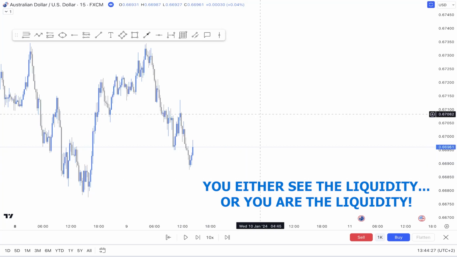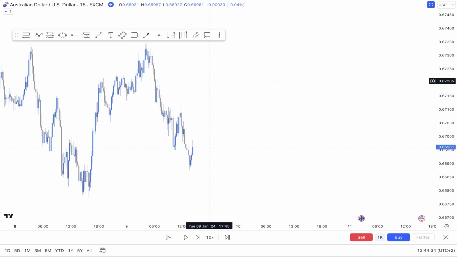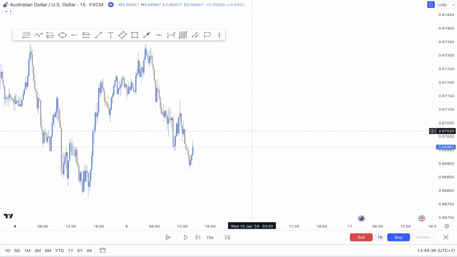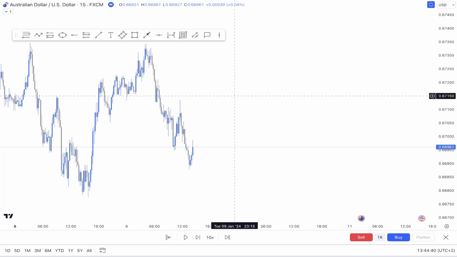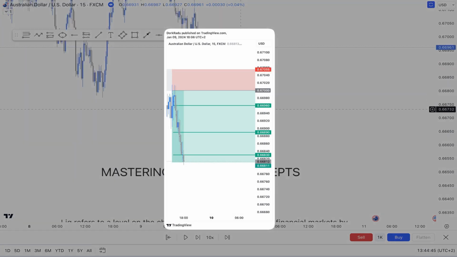You either see where the liquidity is and you trade according to that, or you become the liquidity. And I will show you exactly what I mean when we go over a trade example that I personally took, and I also sent this trade in my SMC trading group.